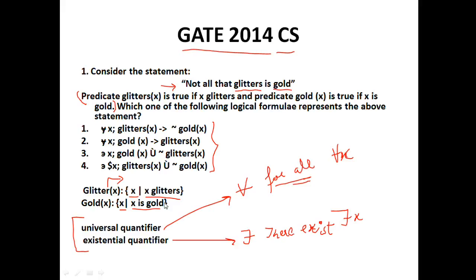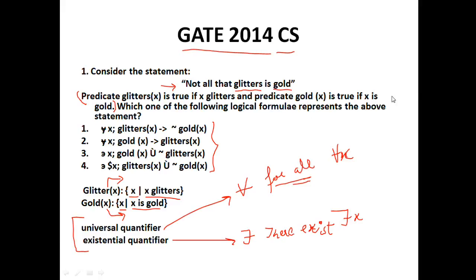He said, no, my friend, not all that glitters is gold. So what is he trying to say? He is trying to say that I think that shining thing is gold, but it might not be true. Why? Because not all that glitters is gold. So something which might glitter might not be gold. That's what he's trying to say.